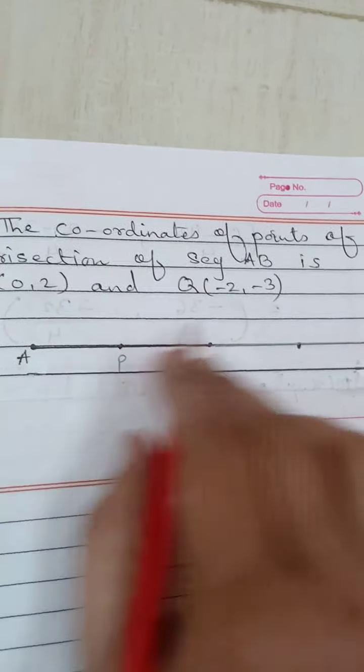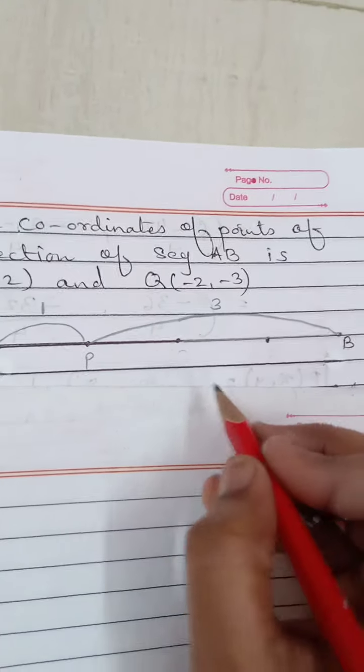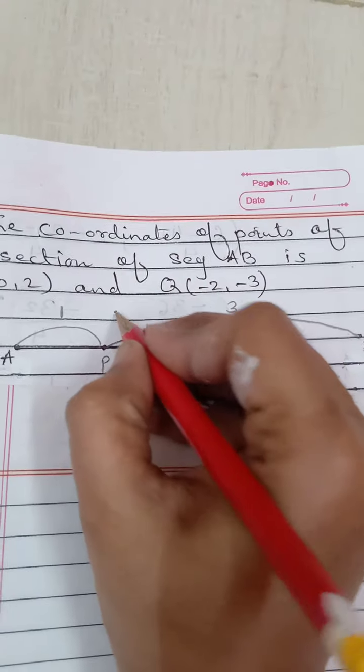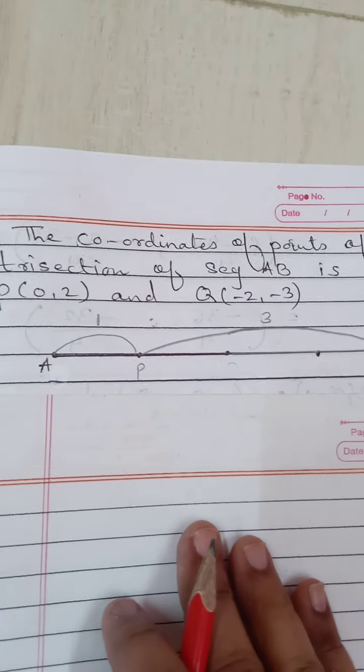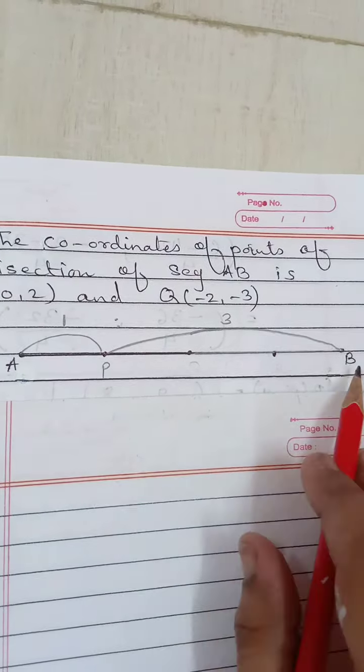From A to P it is the first part, so it will be 1. Then P to B, how many sections? From here till here 1, 2, 3. So P to B has a total of 3 sections. That means the ratio is 1:3. So we can say point P divides segment AB in the ratio 1:3.